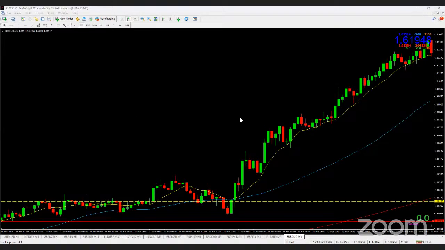That is huge. Now, when I say 1 to 3, what I mean is basically you are risking $1 to gain $3. So a risk reward, we call it RR.